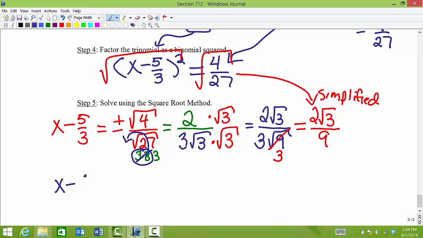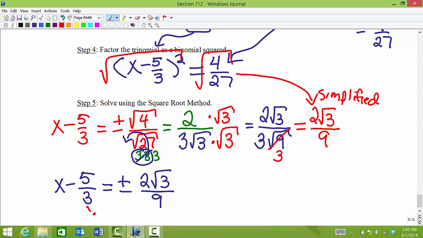Now when I go to solve my equation, we have x minus 5 over 3 is equal to plus or minus our simplified form 2 square root of 3 divided by 9. Now I would ask myself, do I need to separate into 2 separate equations to deal with the plus or minus? This one has a radical, square root of 3, and the 5 over 3, when I add it to both sides, does not have a radical.